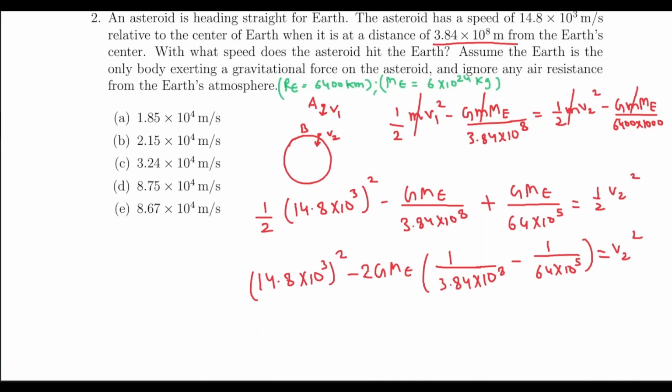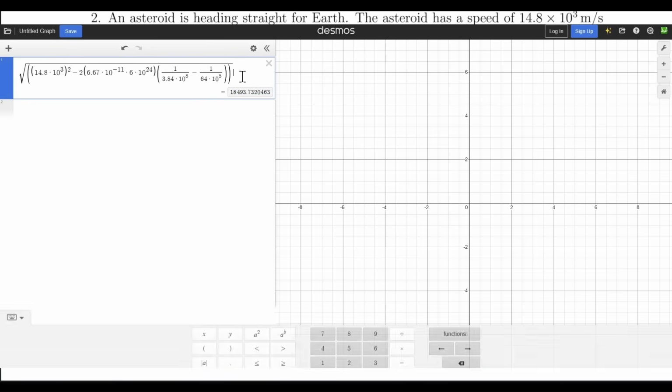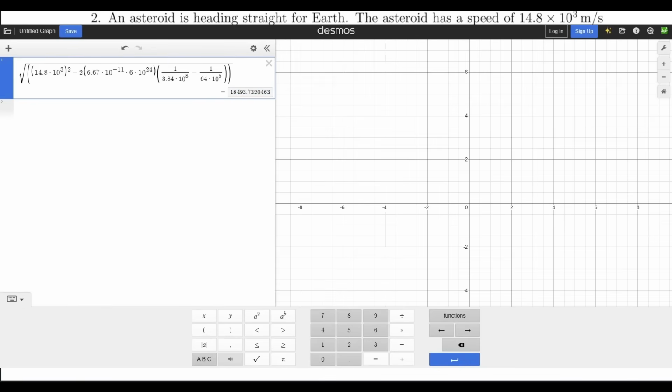Now let me share the Desmos. Okay, so there you go. I plugged in everything for you. You can have a look at it. It's the first velocity squared minus 2 times the G value, which is right over here, and then this is the mass of the Earth. This is the other entities, and the entire thing is in the square root. So I'm getting somewhere around 18,493.